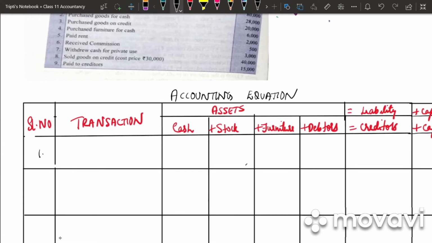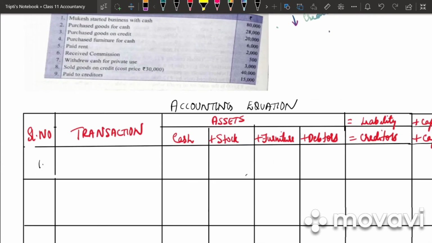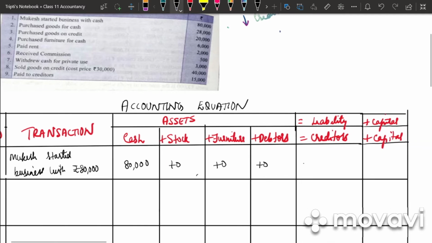So first transaction is Mukesh started business with cash. So Mukesh started business with rupees 80,000. So our cash is increasing by 80,000 plus 0 plus 0 plus 0 equal to 0 and capital is 80,000.